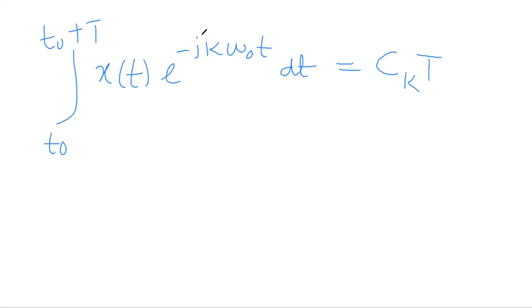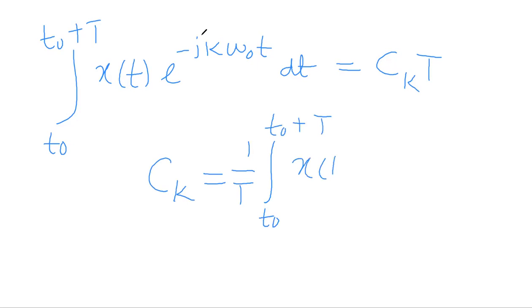Hence Ck, the exponential Fourier series coefficient, is given by 1 by T integration from t naught to t naught plus T of x of t e to the power minus j k omega 0 t dt.